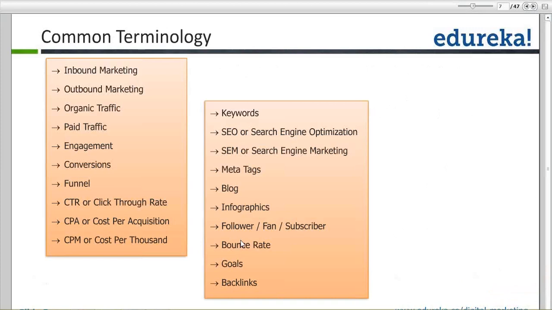So continuing with the same example, let's say you got 1,000 impressions, that is 1,000 times your ad appeared on Google, and 100 clicks happened. Let's say you have an agreement with Google that for every click you will pay $1 to Google. So for a day you have paid $100 to Google.